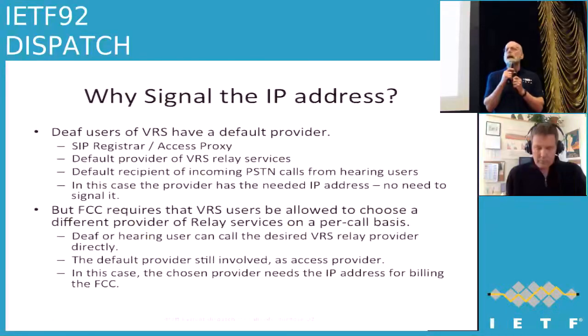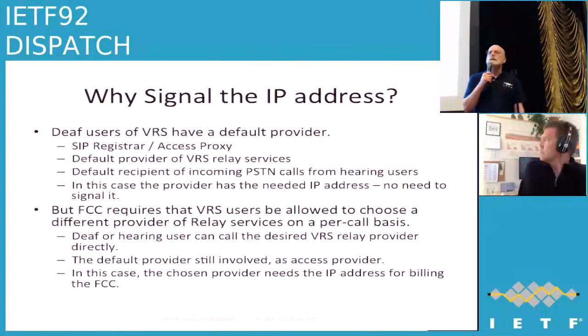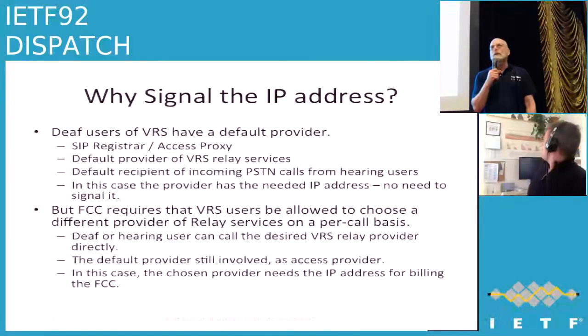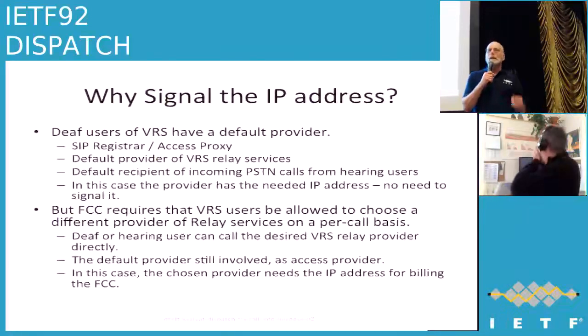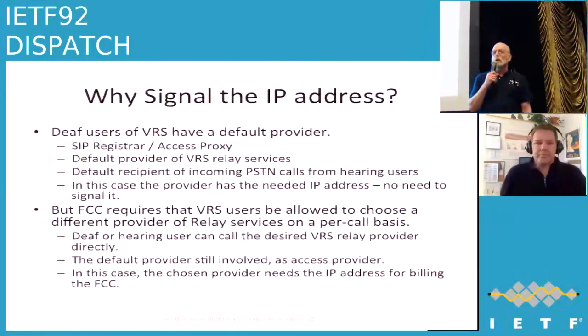The difference between that environment and the environment that we're discussing, and we can make it so in the document for other purposes, is that the user could have placed the call through the default provider and has asked, by signaling from it, to place a call through the other provider.